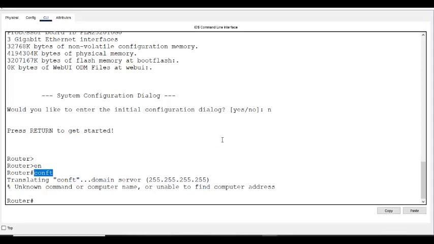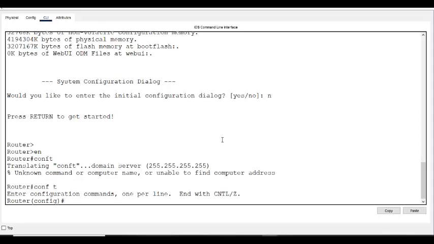For that, what I need to do is say no ip domain-lookup. That's all. As a good practice, the very first day, people put this command.